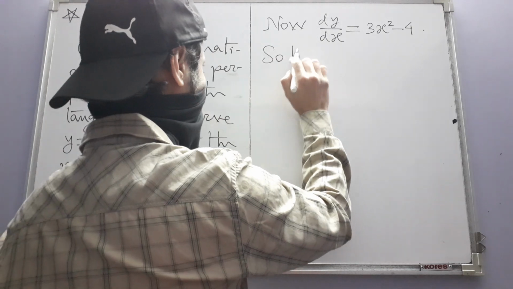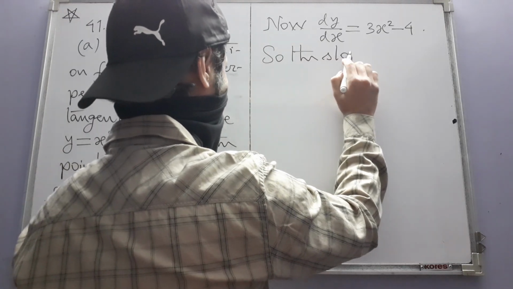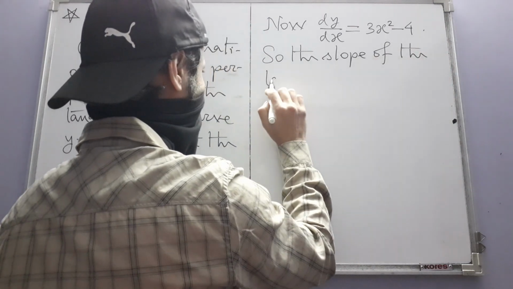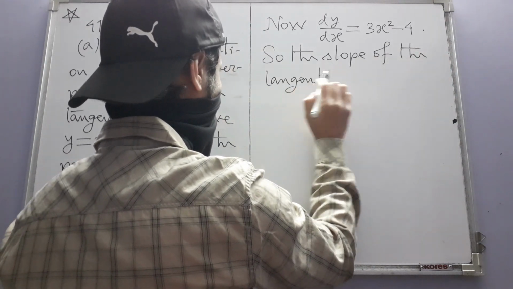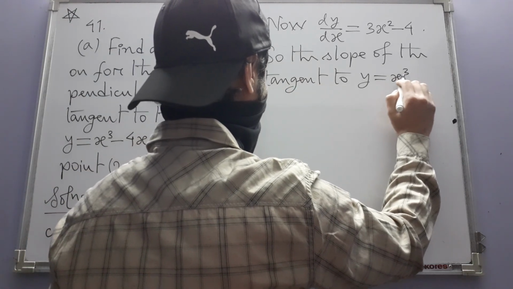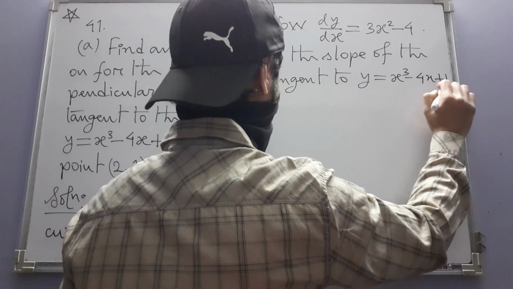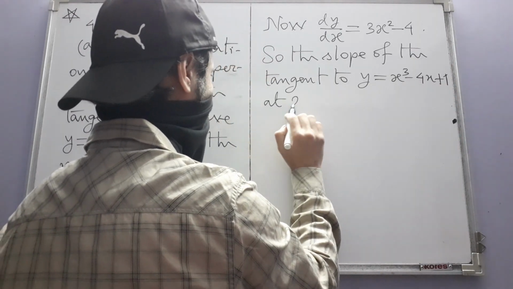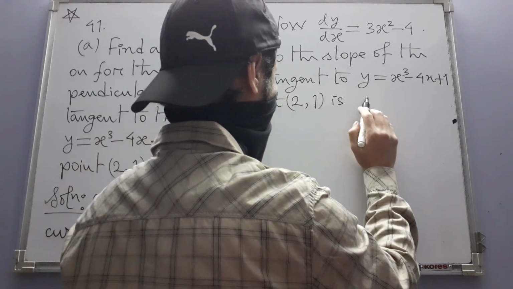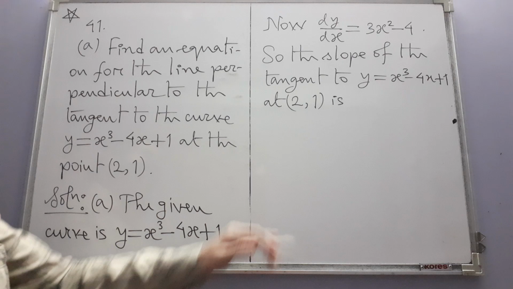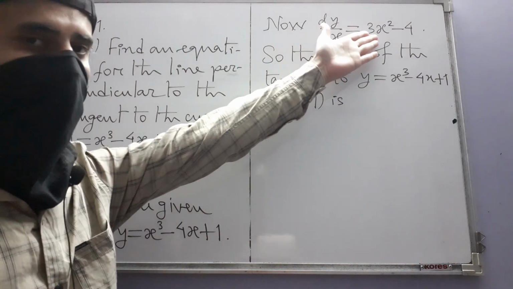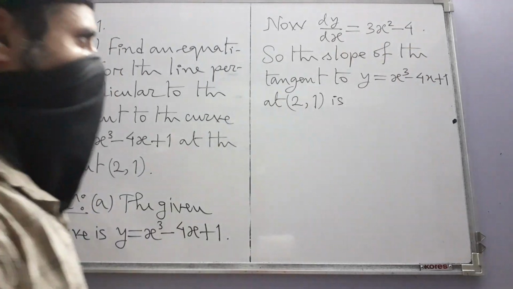So the slope of the tangent to y equals x cubed minus 4x plus 1 at the point (2, 1) is, although you are also given the y coordinate, you only need the x coordinate because in this expression there is no y.